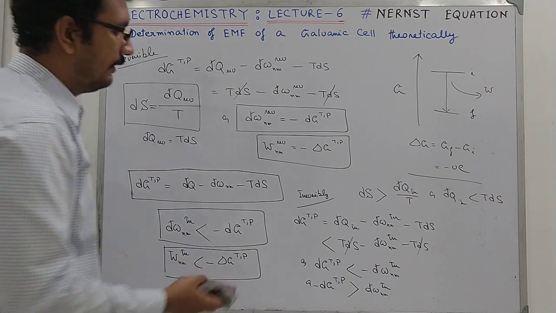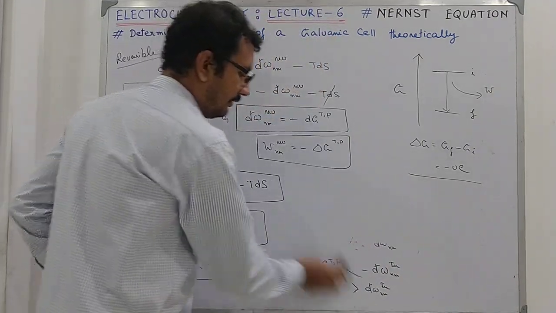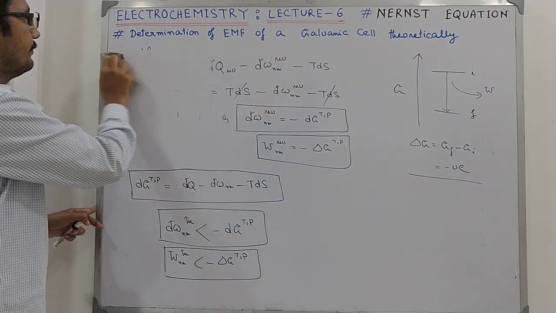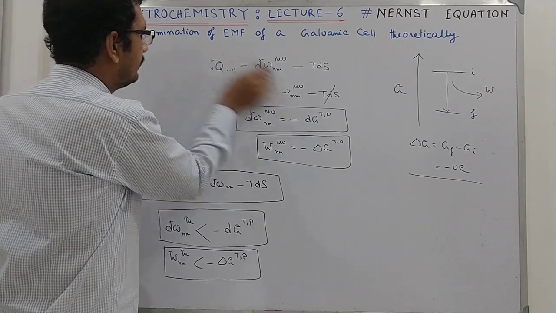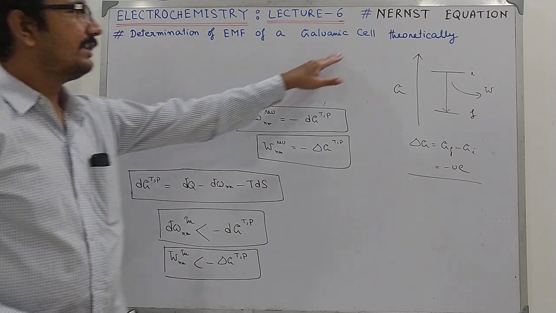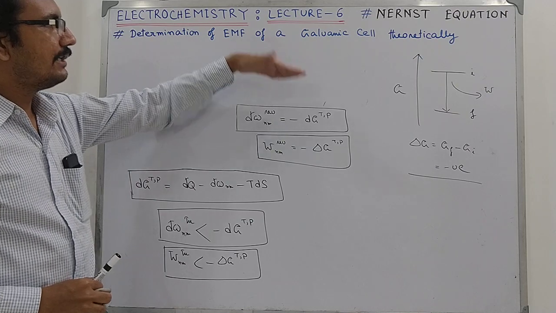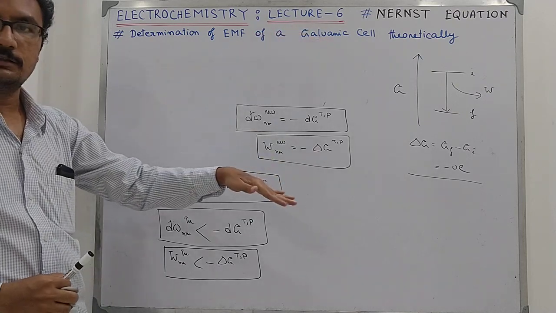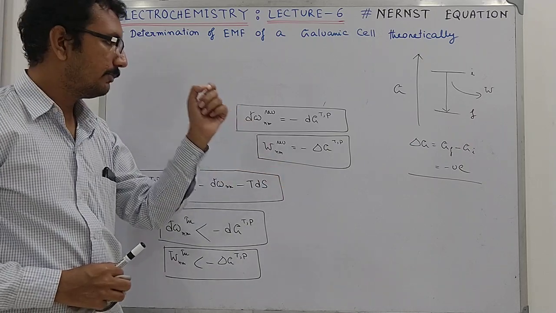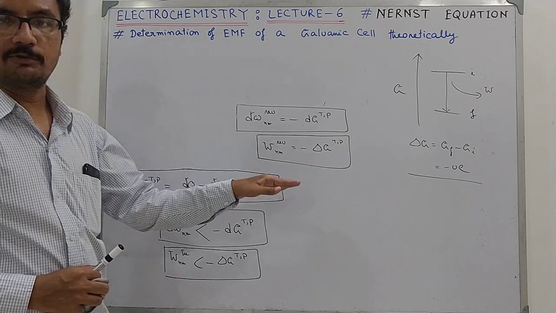So you see, when you draw the current irreversibly, what happens? You cannot access the maximum amount of work that is possible. A galvanic cell is giving you electrical work from its chemical energy. It is the Gibbs free energy change of this galvanic cell that is giving you work. But when you draw the current reversibly, that is, in small amounts every time, you get the maximum amount of work.